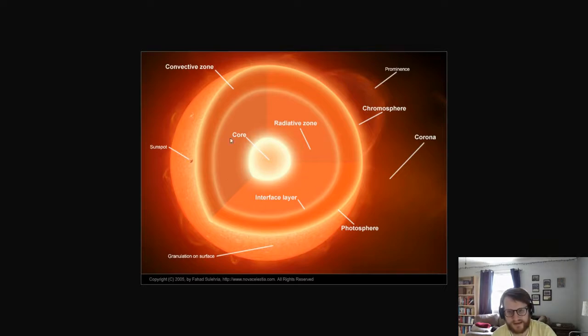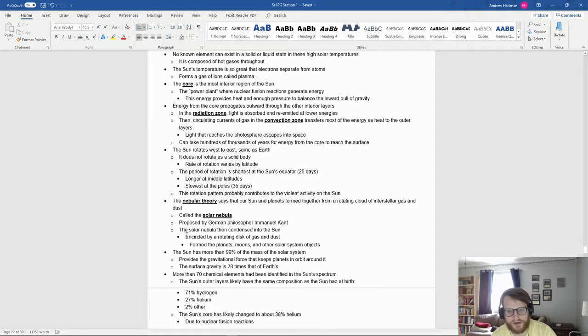Instead, it's a lighter color, which makes sense because it's at lower energy levels. And then we have these currents of gas in the convection zone that transfer most of the energy absorbed from the radiation zone to the outer layers as heat.